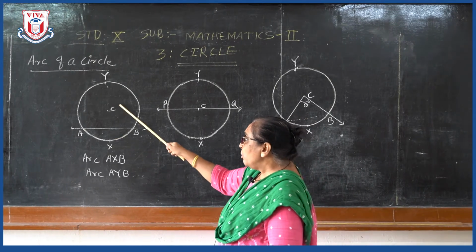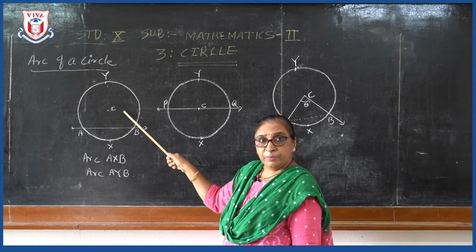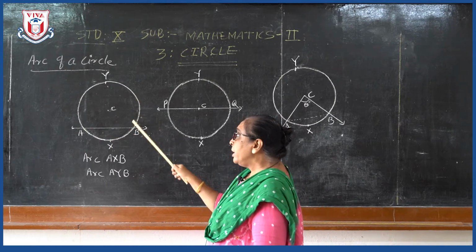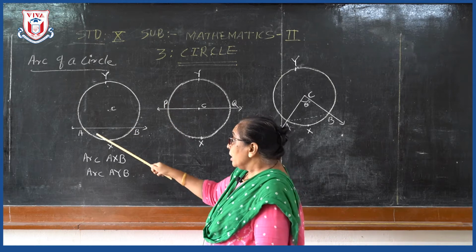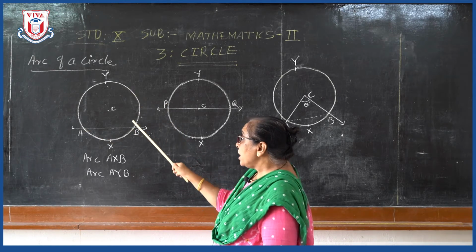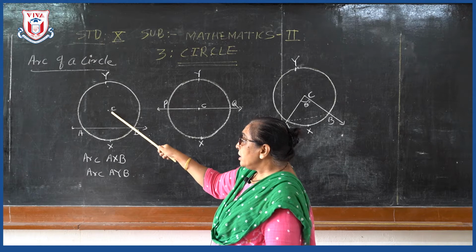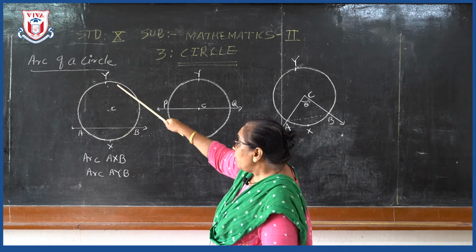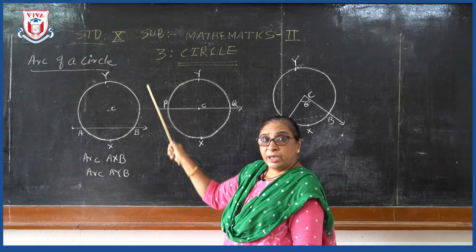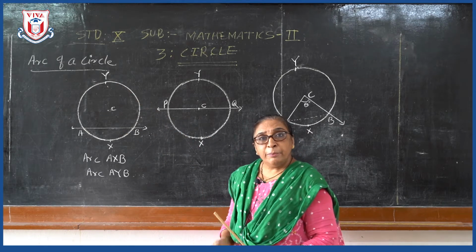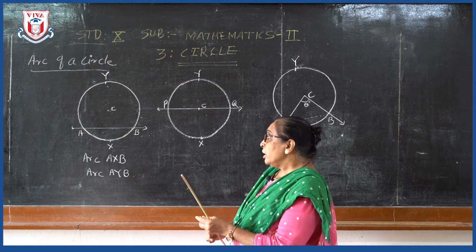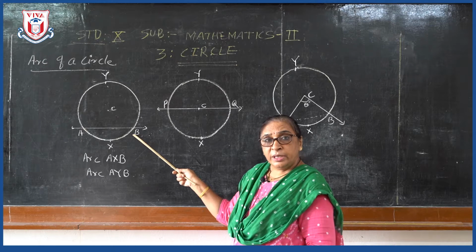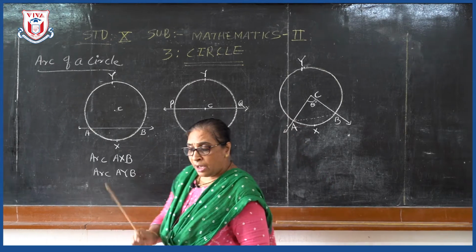You can see here both the parts are unequal. Now one is smaller in size, another is bigger in size. In the bigger one, you can see that center C is also lying, and such type of arc which is bigger in size is called a major arc, and the smaller arc on its opposite side, that is AXB, is called a minor arc.